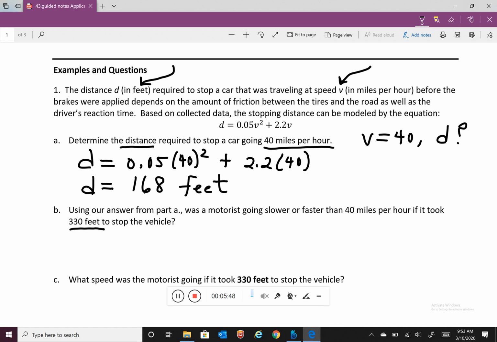We know at 40 miles per hour it's going to take 168 feet. I'm hoping that you recognize that the motorist is going faster because it is taking a longer distance.